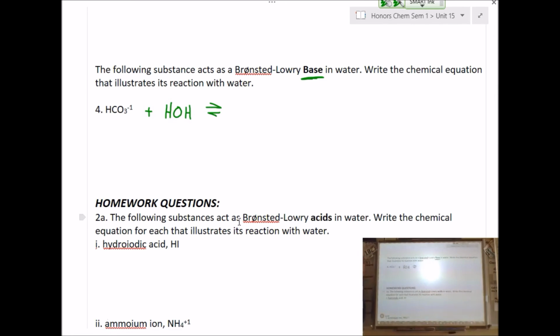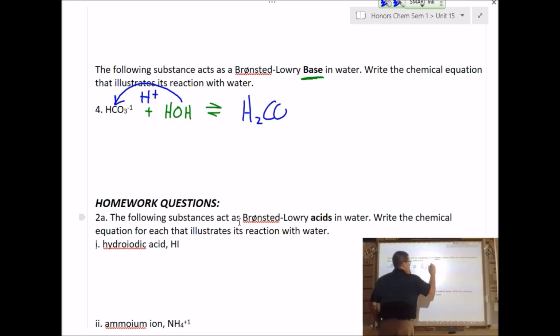And so in this case, it's doing what? It's accepting a hydrogen. Remember, bases accept a hydrogen. So on the product side, what do we have? H2CO3, and what's the charge on that? No charge. Very good.